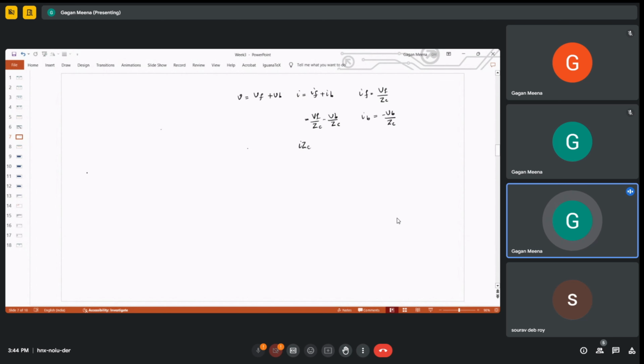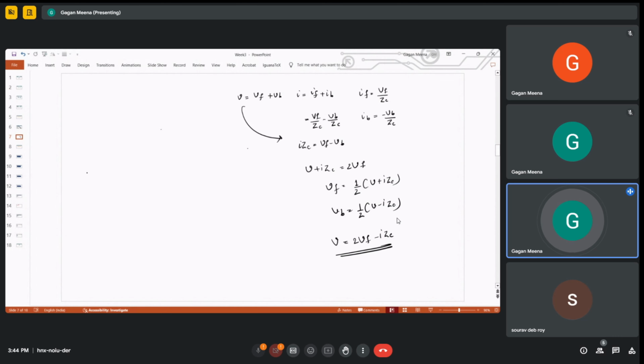So we can say I into ZC is equal to VF minus VB. Now if we sum these two equations, we get V plus I ZC is equal to 2VF. So VF is equal to 1 by 2 into V plus I ZC. Similarly, we can write VB as V minus I ZC. So you can say that V is equal to 2VF minus I ZC.